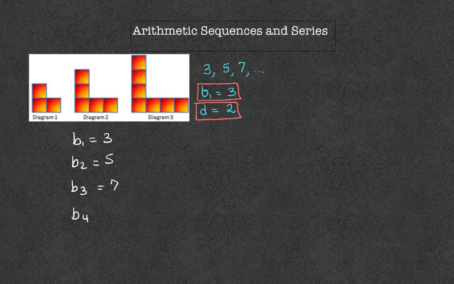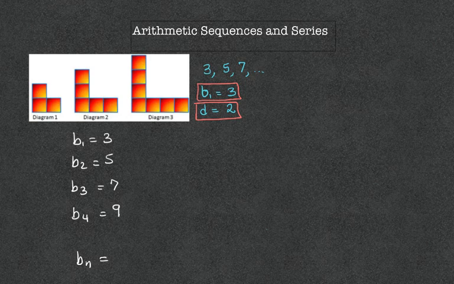We know B4 is going to be plus 2 to the 7, so 9. And we're interested in knowing what Bn is going to be, where n is going to represent the nth term of the sequence, and Bn is going to be an expression that depends on n, and we can calculate this term or any term using the formula that Bn is going to provide.